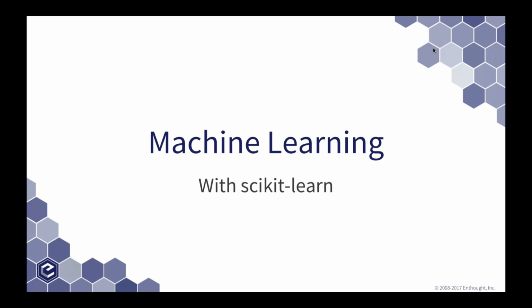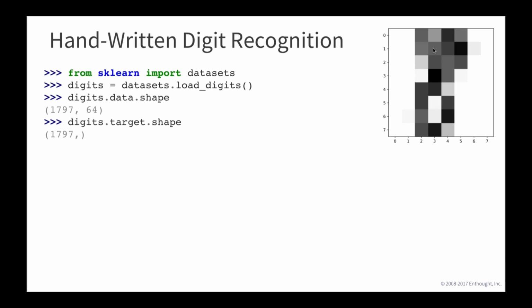So the example I'm going to do here is some handwritten digit recognition. It's a common example. So the little code snippet I have here loads some data. I have just short of 2,000 samples. Each of those handwritten digits is made of 64 pixels. So I have one here in the upper right. To be honest, I'm not sure what that is, but we'll see in a second what Scikit-learn thinks it is.